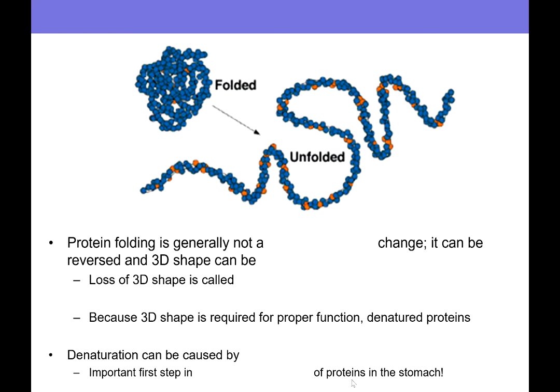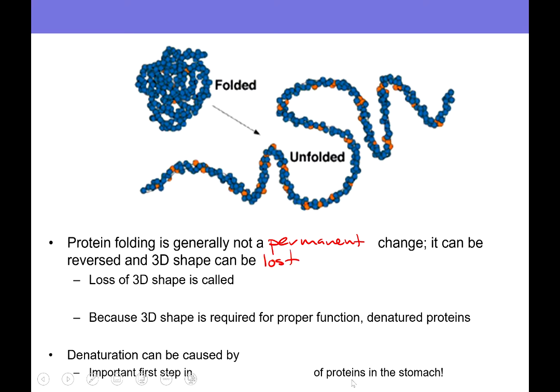So the one thing that's potentially problematic about this protein folding is that protein folding is not an irreversible or permanent change. It can be reversed, and 3D shape can be lost.